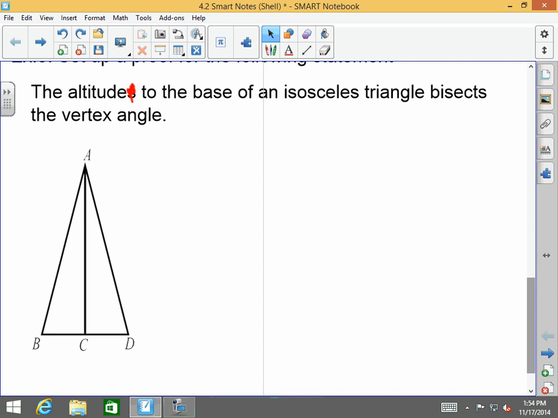Well, what's given is that ABD is an isosceles triangle. Okay? ABD is an isosceles triangle. AC is an altitude, that's given. Angle A is the vertex, that's pretty given. And BD would be the base of this triangle, ABD.